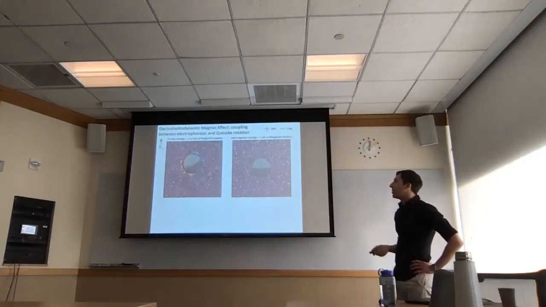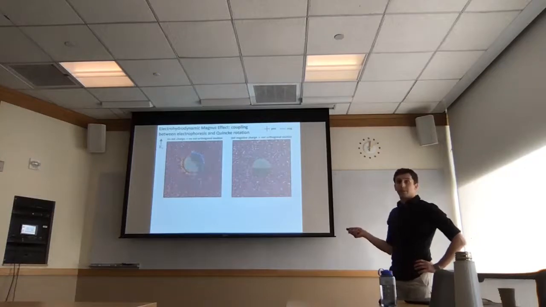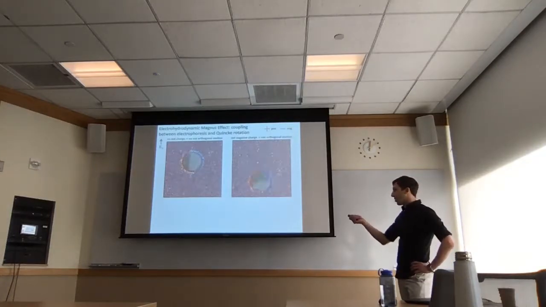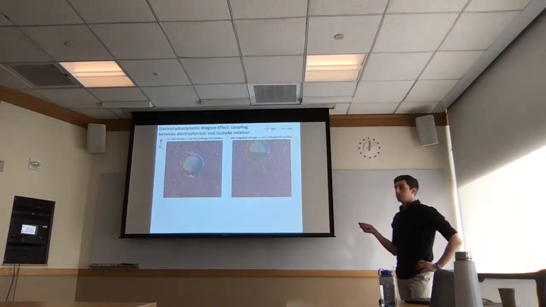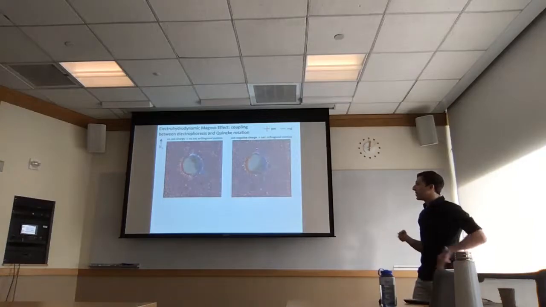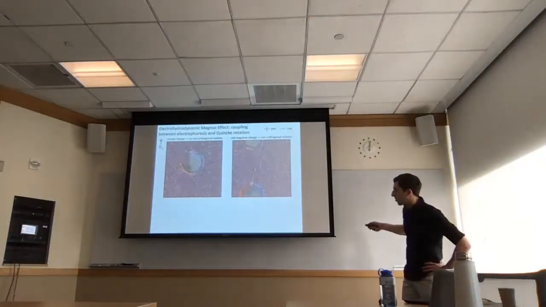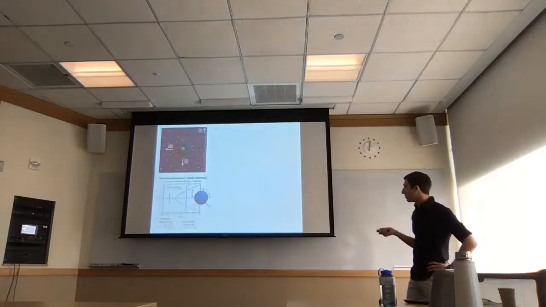So here's the same video. This colloid is going to just rotate in place if it has no net charge. But we can add a net charge, in which case it's going to move electrophoretically in addition to its Quincke rotation. These two things couple together, and they actually drive the particle to move orthogonal to the field.